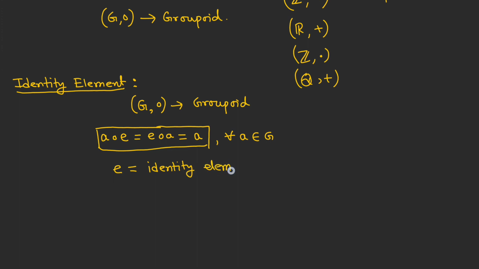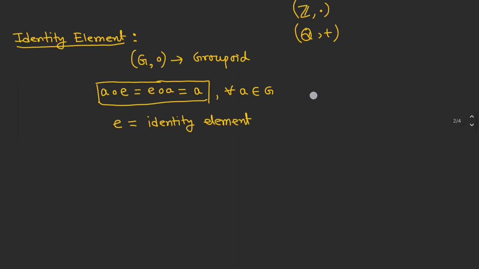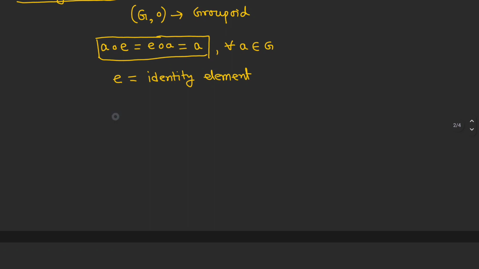For example, suppose I am taking the set Z with addition. From the set Z, choose any arbitrary element, suppose I am choosing plus 2.